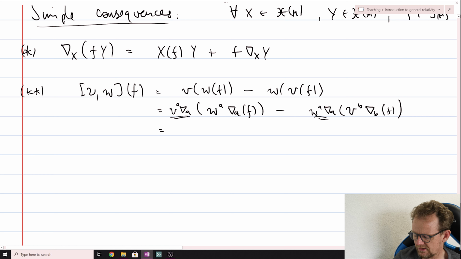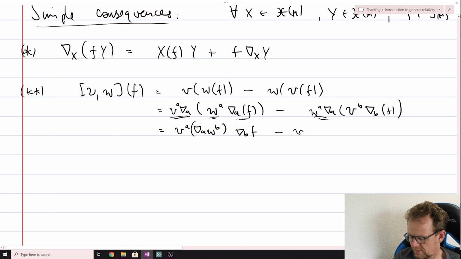We can apply Leibniz onto the objects inside the bracket, to the first argument, which is a vector field, and to the second argument, which is a co-vector field, and we obtain the following next line. So we apply the covariant derivative just to the vector field w, and leave the covector field delta b f alone. Then we apply it to the second part of the bracket, to obtain delta a v^b delta b f, and then we do the same again.